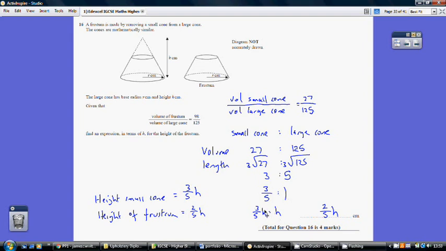So we're saying that the height of the small cone is 3/5 of h. So if that's the height of the small cone, then the height of the frustum must be 2/5 of h.